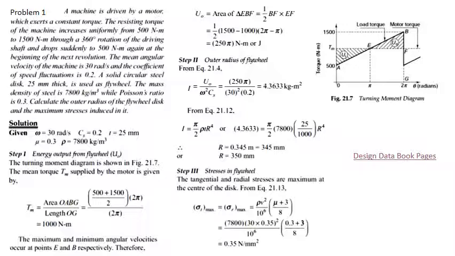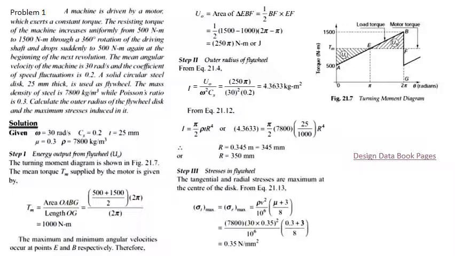Omega is directly given to us as 30 radian per second. So putting the value of omega as 30 radian per second, the coefficient of fluctuation of speed as 0.2, and U naught as 250 pi, we will get directly the value of moment of inertia required for the flywheel for the given machine system.